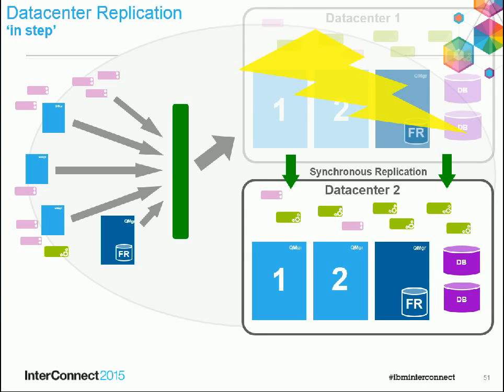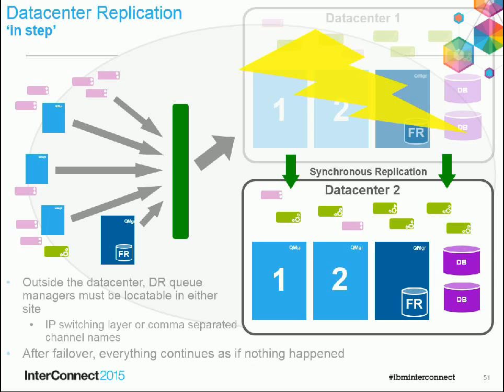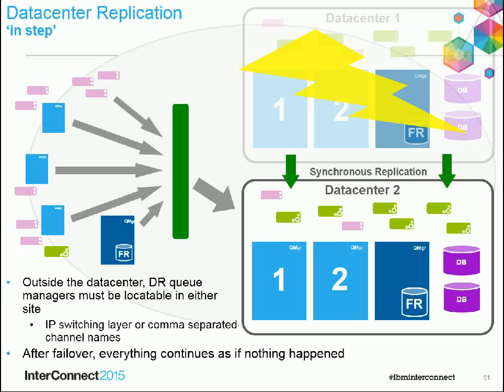So here, the only thing to consider, if we've got queue managers over on the left which aren't inside those data centers, which are within clusters that are communicating with those queue managers in the data center, they just need to be able to connect to them. Now that might be using some network layer that switches the IP so that it goes from data center 1 to data center 2. That's the most typical thing.